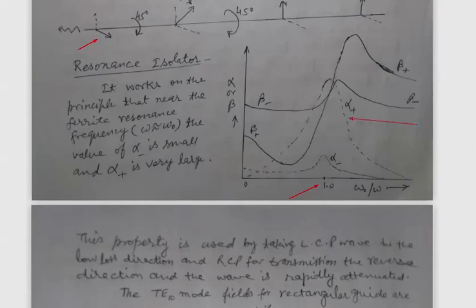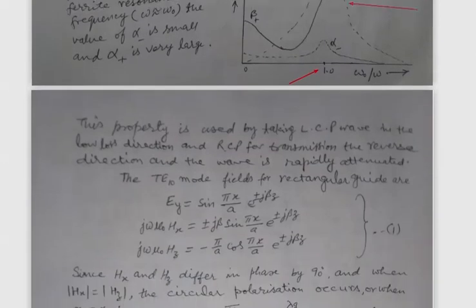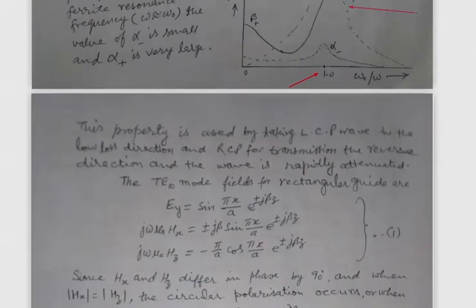So this property of alpha plus and alpha minus will be utilized in the construction and designing of the resonance isolator. So now we will explain this in the construction.